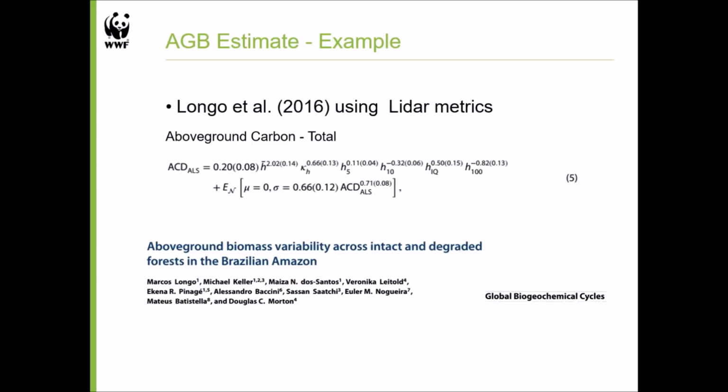That is, the quality of estimation of Longo's equation is okay to estimate biomass in the different kinds of forests that we have in the Amazon, okay? And this equation is about above ground carbon estimation. But there's a relationship between carbon and biomass. That is, about half of biomass is considered carbon. And so we can use this equation and just multiply by 2, and we will have above ground biomass estimation.